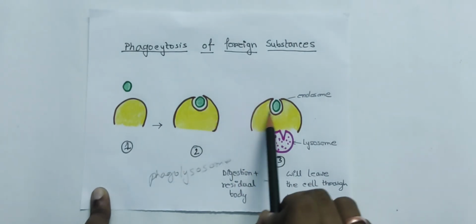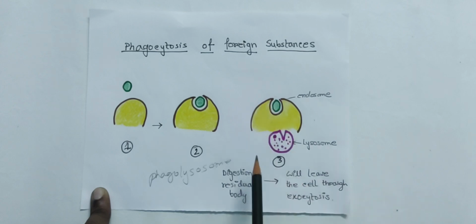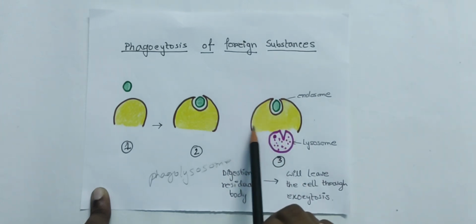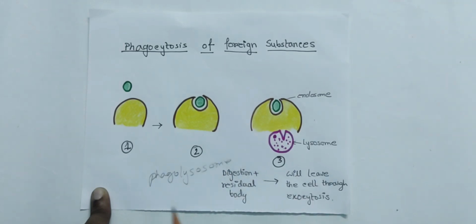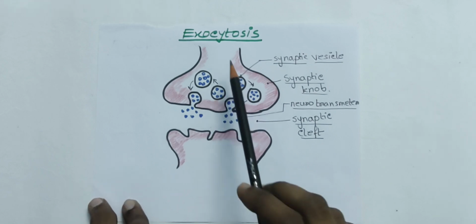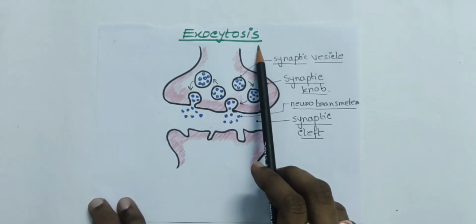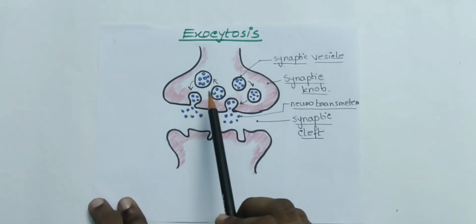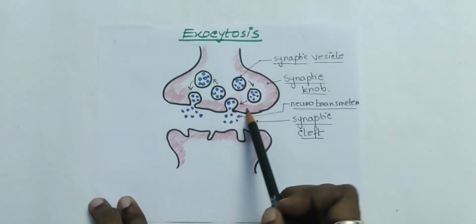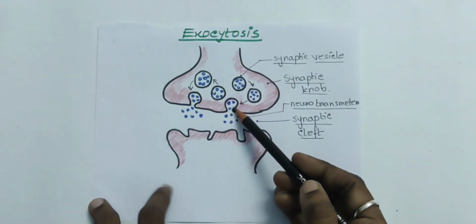After engulfing the particle, the lysosome engulfs the vesicles, and then the contents go out of the cell by exocytosis. This is from the phagolysosome. This is the last type of vesicular transport, that is exocytosis. This is actually found in the synaptic vesicle when the neurotransmitters get out of the vesicles.